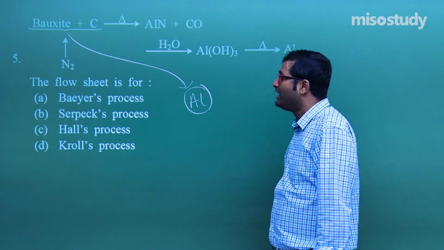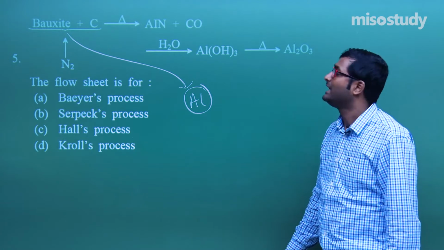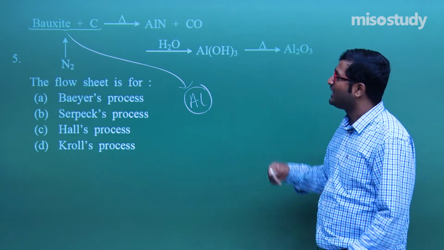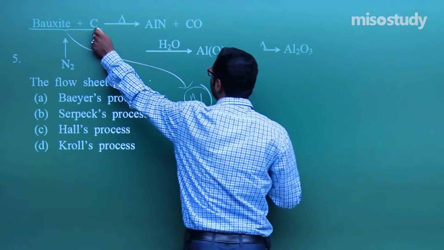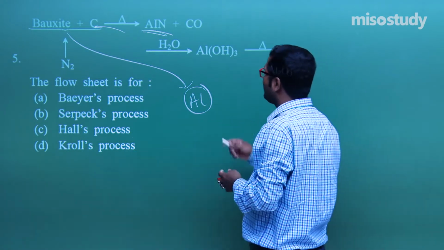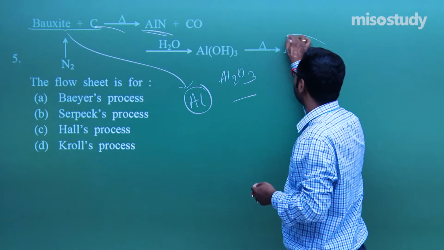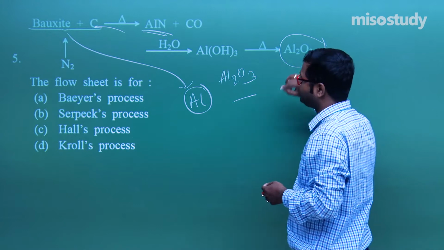Clear? And what are the methods of the extraction of aluminium? We know there are the Bayer process, Serpek process, and Hall process. Now what is the reaction? If bauxite is treated with carbon, it forms aluminium nitride. Clear? What is the formula of bauxite? That is Al2O3. Now finally we get alumina.